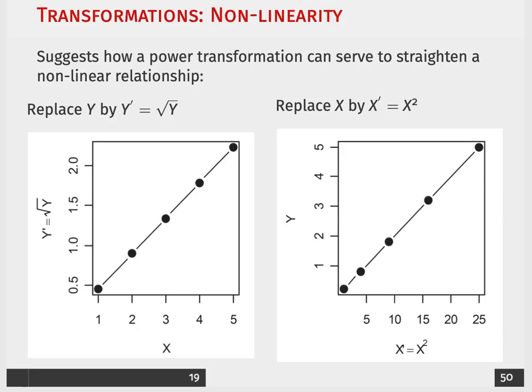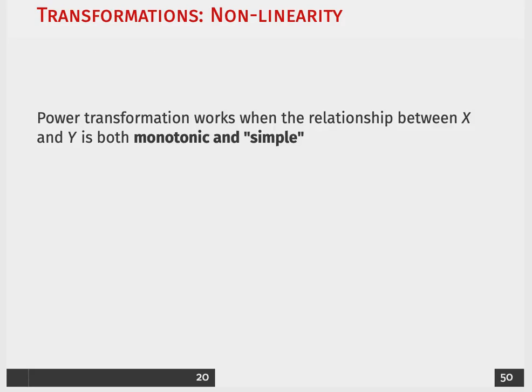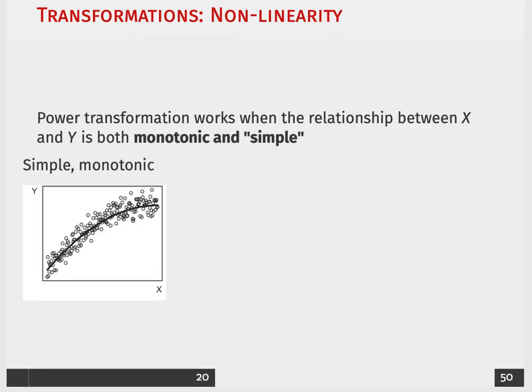This leads us to a rule of thumb that we can use, which we'll talk about in the next slide. But generally, power transformations are going to work really well when the relationship between your covariate and your outcome is monotonic, in the sense that it's moving in one direction, and simple. Again, it's not changing direction. So this is simple and monotonic, right?